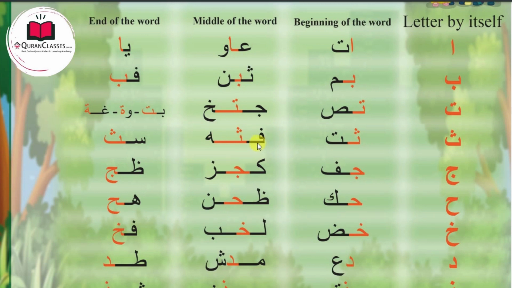First one is Fa, after that we can see Tha, and after that we can see Ha. And when Tha comes at the end of the word, we can see it like this. Seen Tha. It's a join of two letters. First one is Seen, after that we can see Tha.